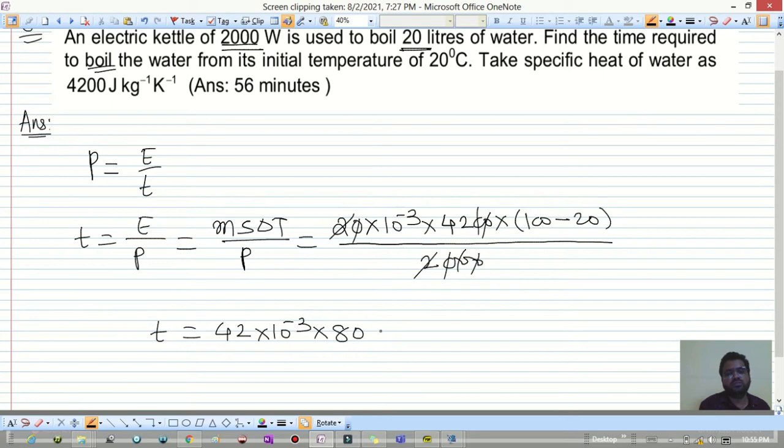So this is 80 into 42 into 10 to the power minus 3.